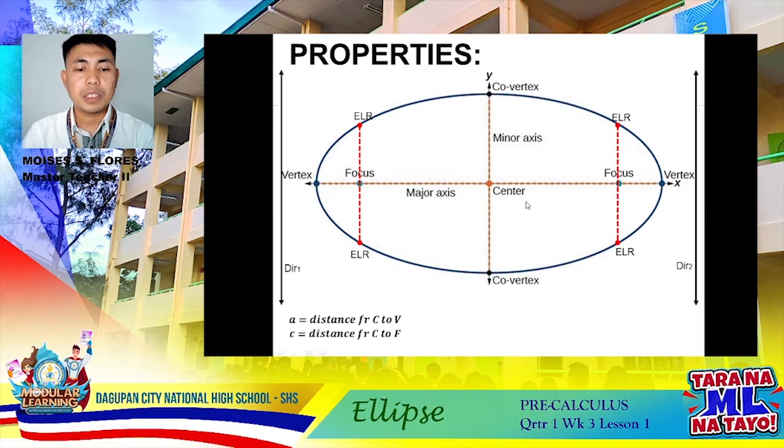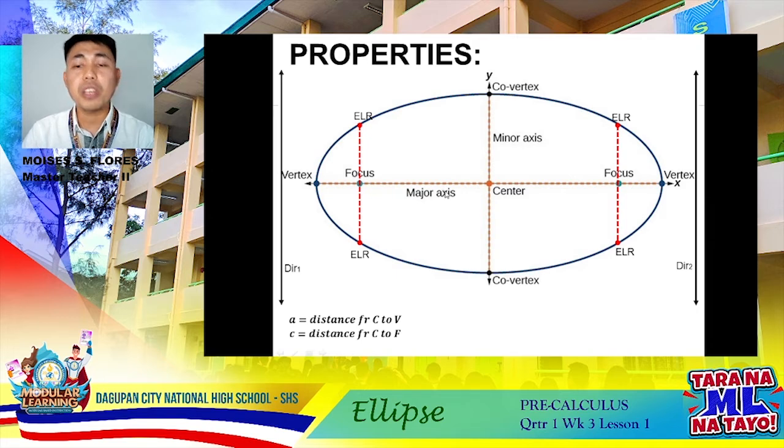After that, c is the distance from the center to the focus. So a while ago, a was the distance from the center to the vertex; this time, c is the distance from the center to the focus.